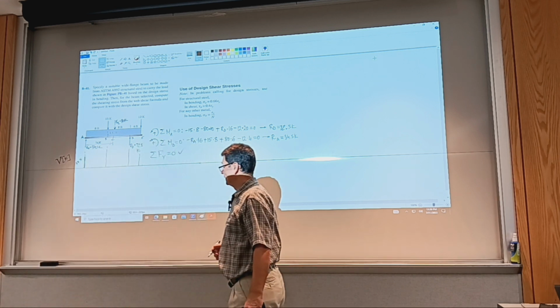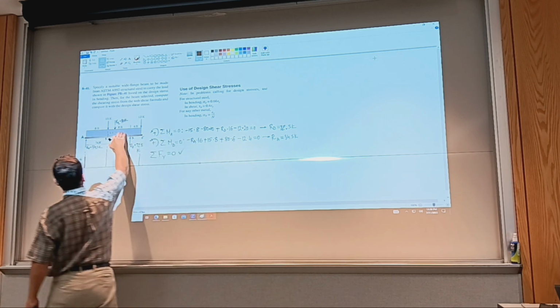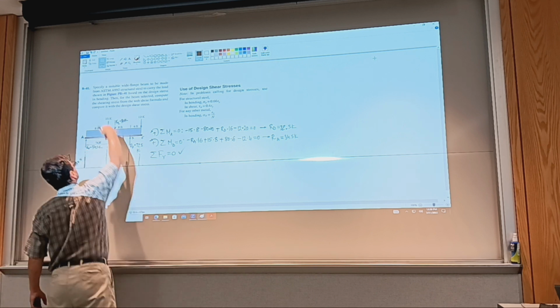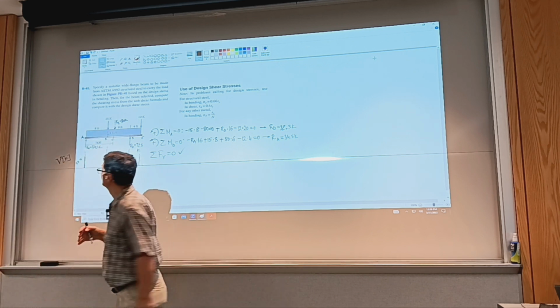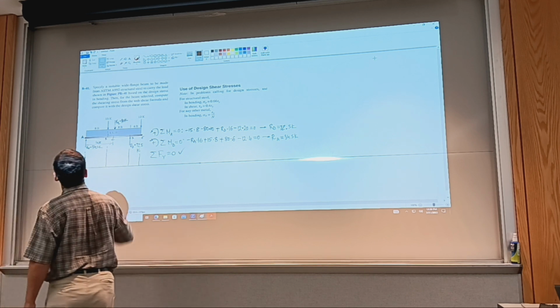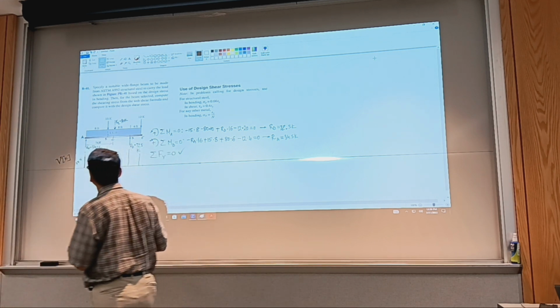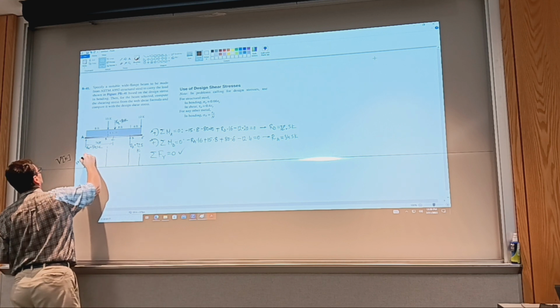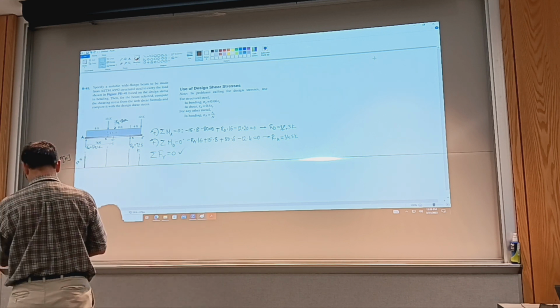And then there's 4K per foot. Again, distributed force above, it's negative. And things happen at point B. So let's see, I have the 34.5.